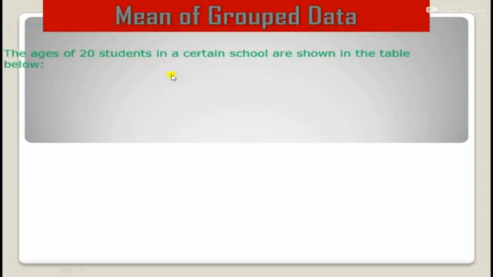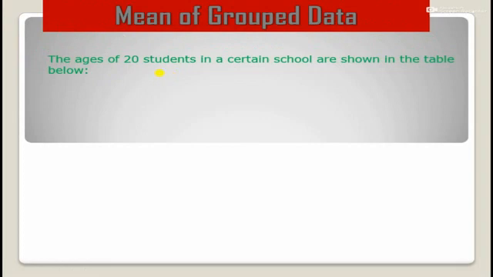Mean of grouped data. In our previous class, we looked at mean of ungrouped data. But today we shall be looking at mean of grouped data. Let us take a look at this example.